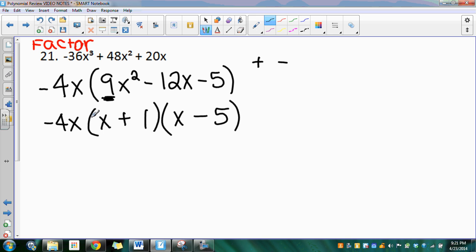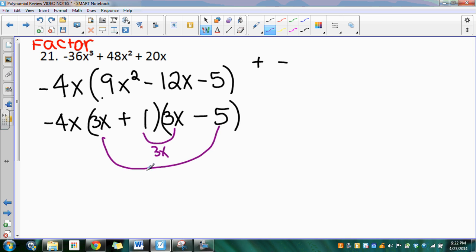So let's start with the 3's. So 3 times 3 is 9. So that way 3x times 3x is 9x squared. Okay, we're good so far. Now, let's check to see if we did it right. So 1 times 3x is 3x.